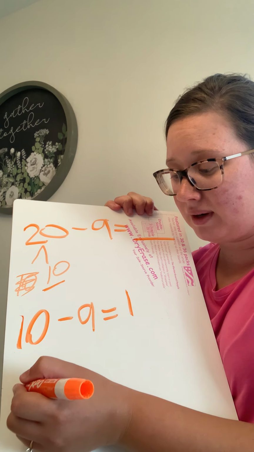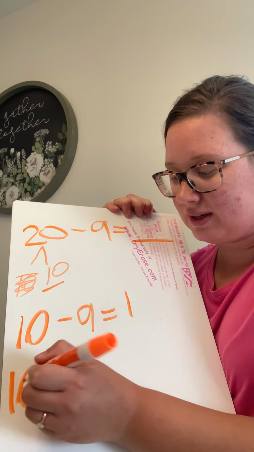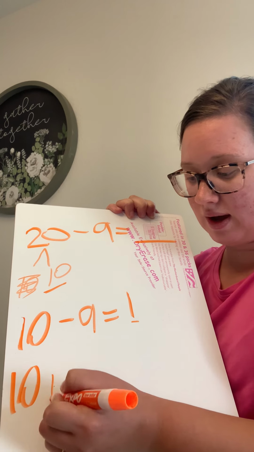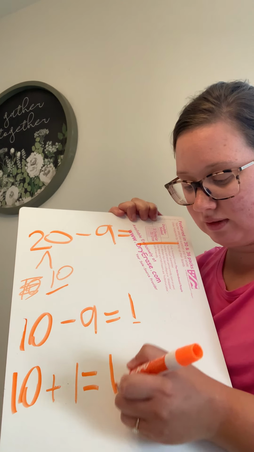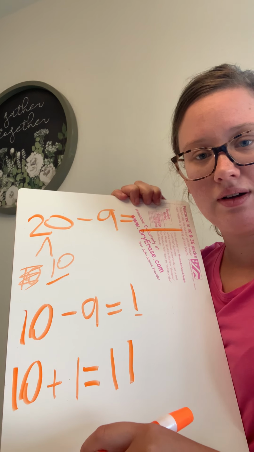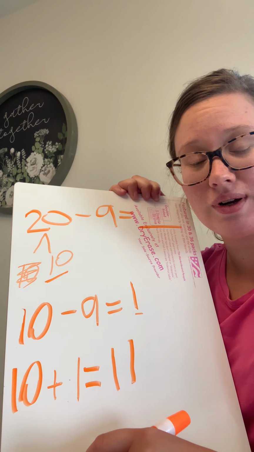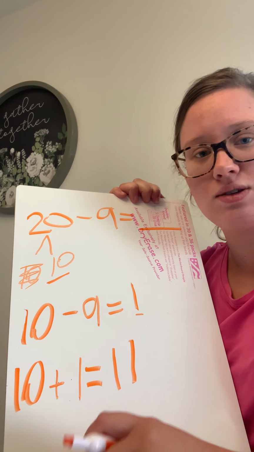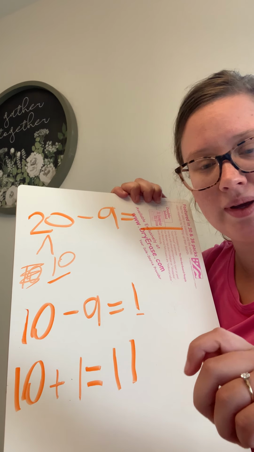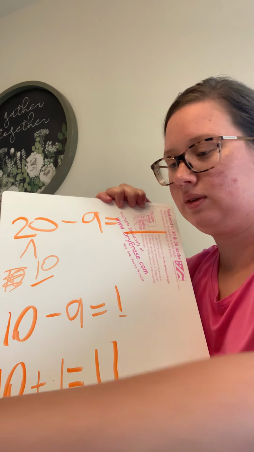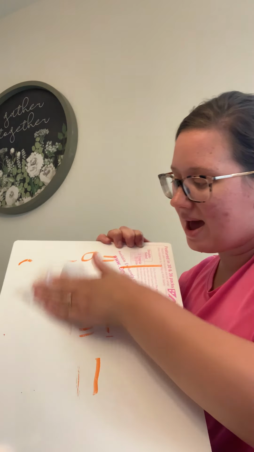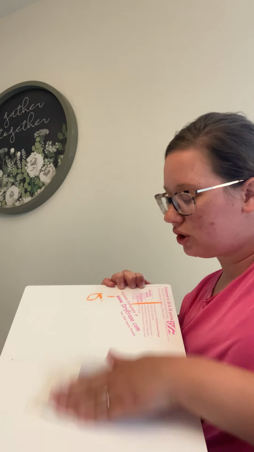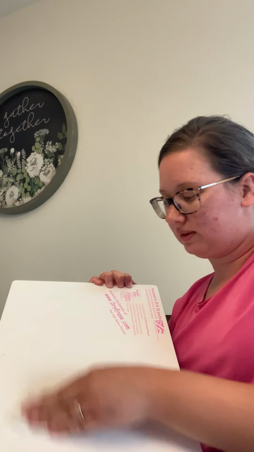So now I'm going to have to join 10 plus 1 to give me my answer of 11. It has a few more steps to it, but in case your child struggles with regrouping, this is another way to solve. So that is number 1A on page 206.